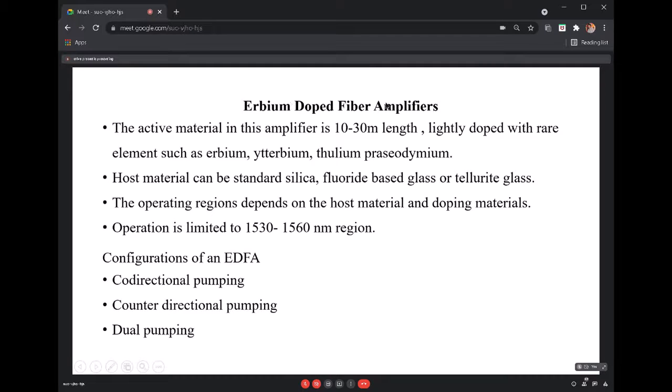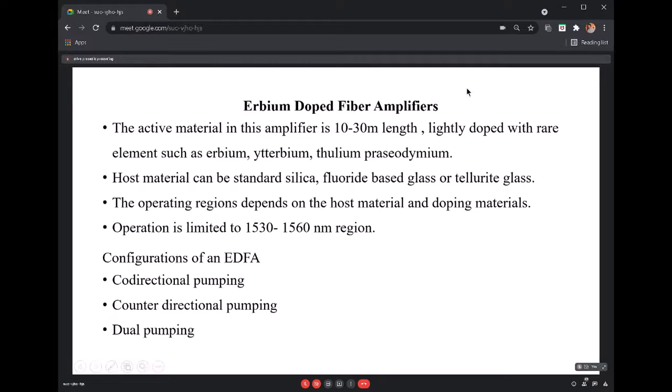This erbium doped fiber operates in the 1530 to 1560 region. In case I use ytterbium, something different, it will increase your pumping efficiency and also the amplifier gain, whereas erbium operates in this particular region.